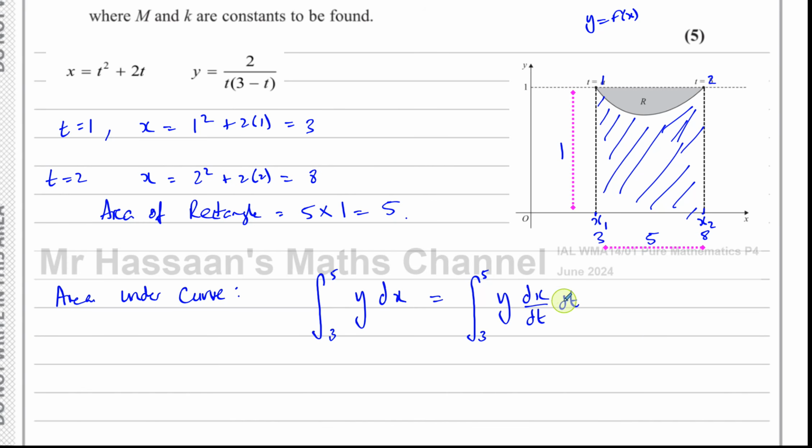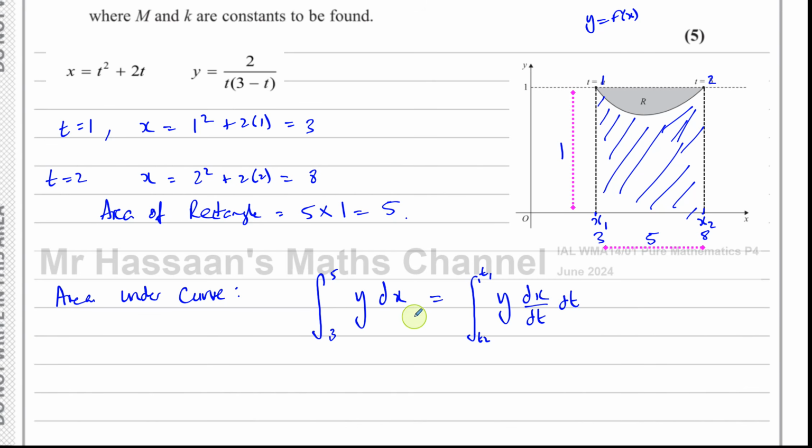Okay, y dx/dt, that will give us, and I also have to change the limits. Now this is in terms of t, so I'm not going to write the limits in terms of x. Everything in here has to be written in terms of t, including the limits. So I'll call this t1 and t2. Right? So I need to find those limits.